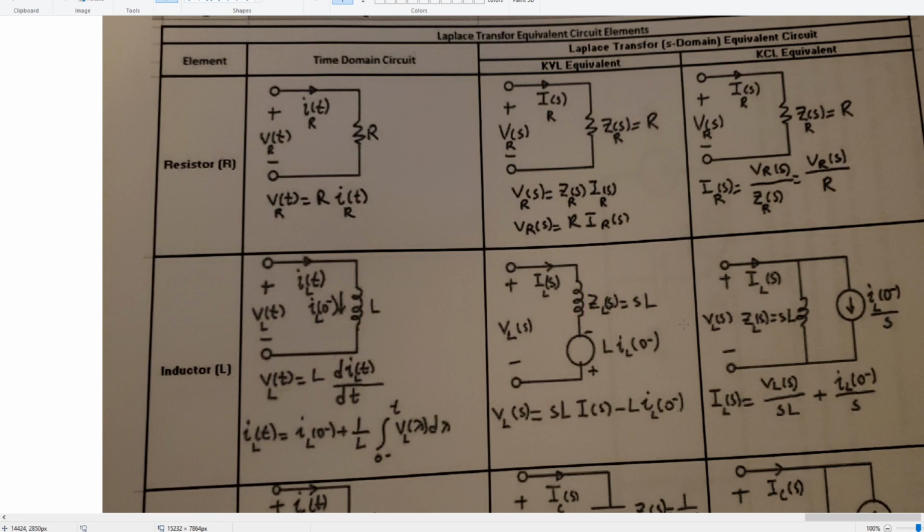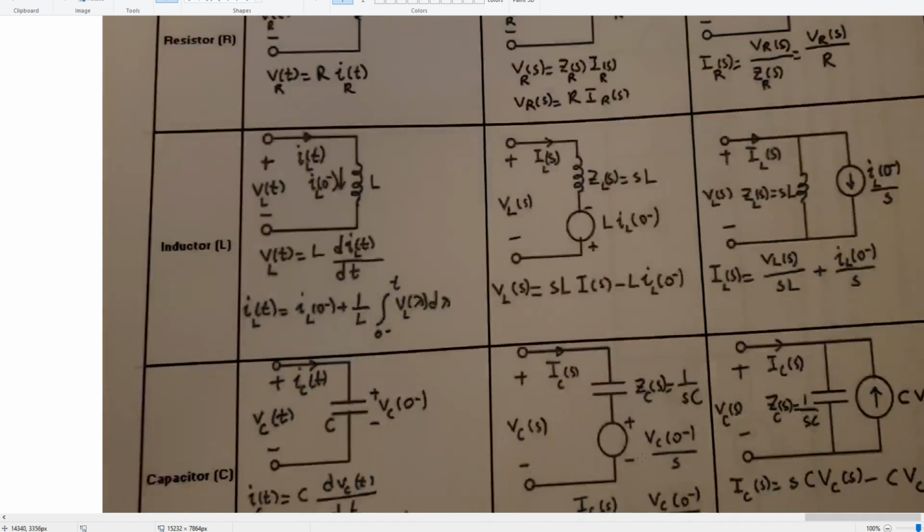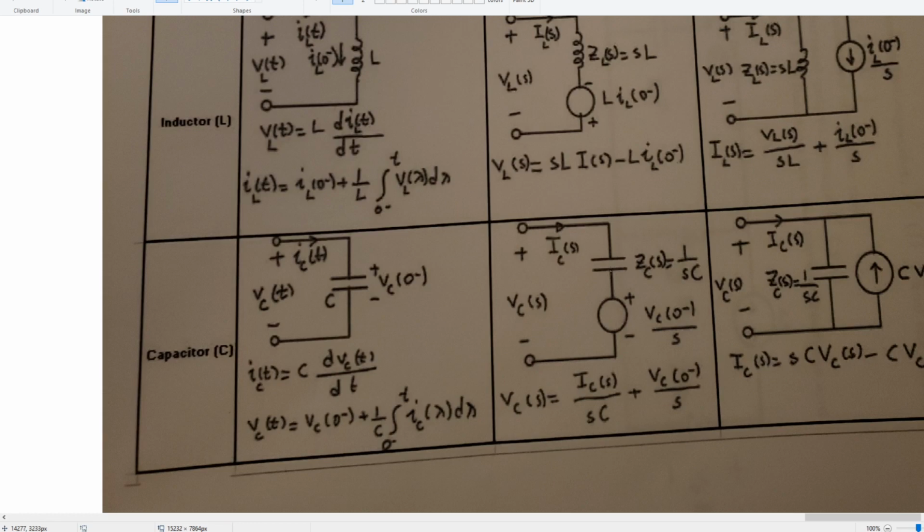No matter what, if you change it into a voltage source or a current source, it's going to be SL. For the capacitor, the impedance is going to be 1 over SC.